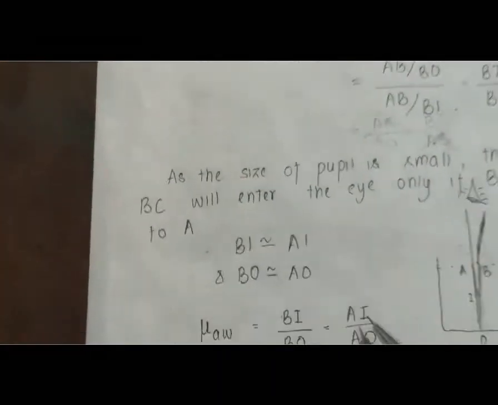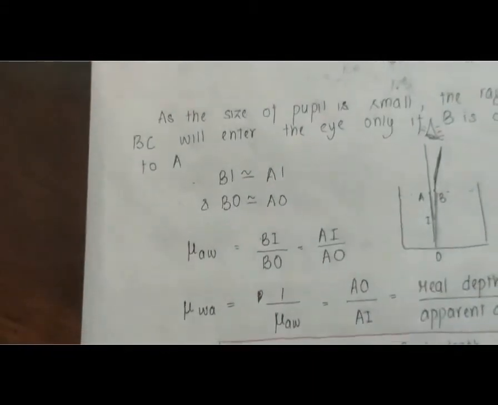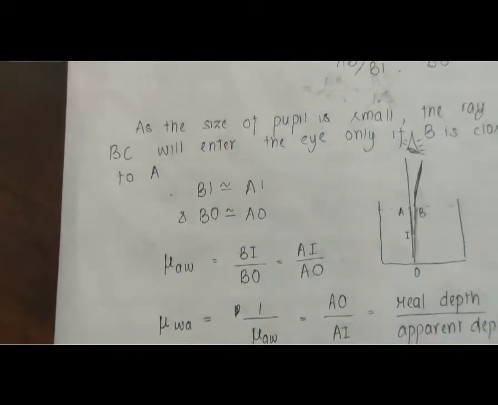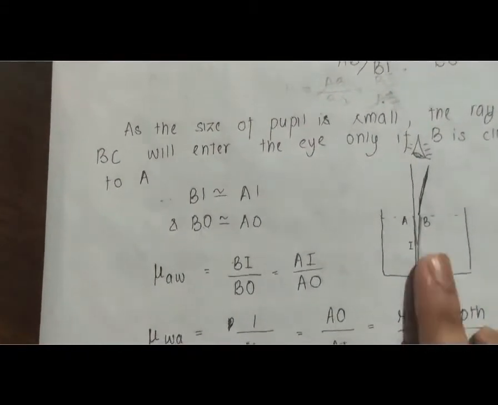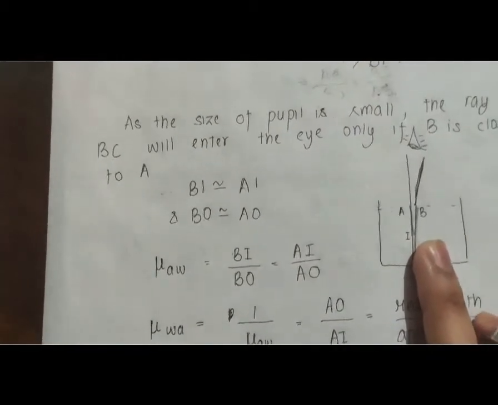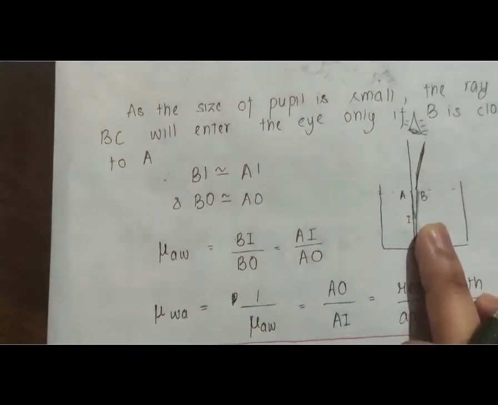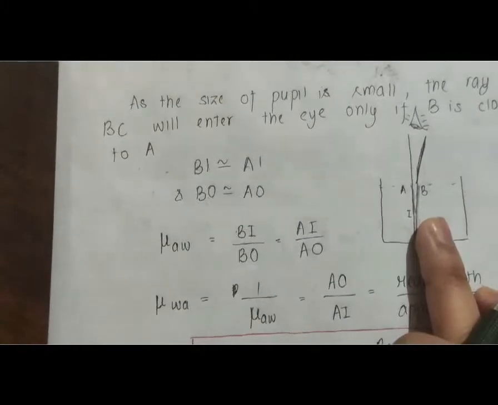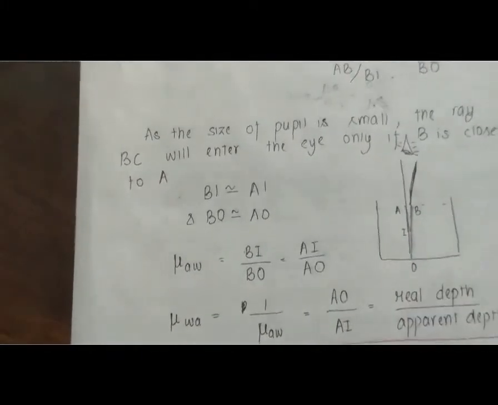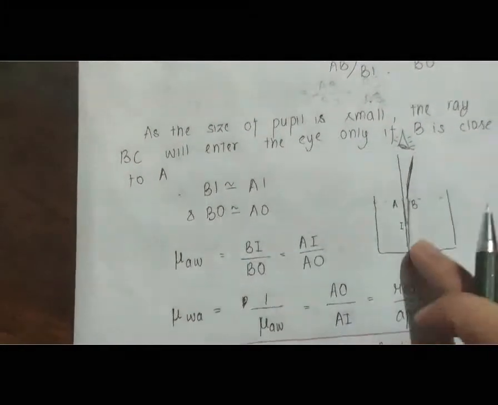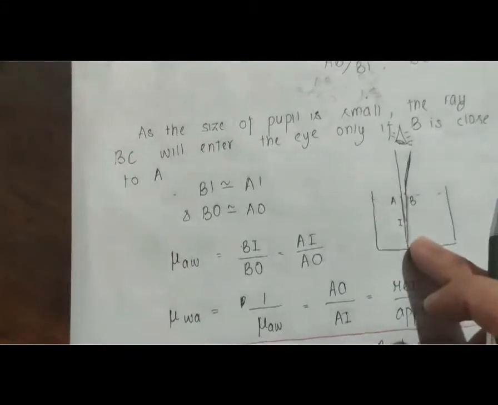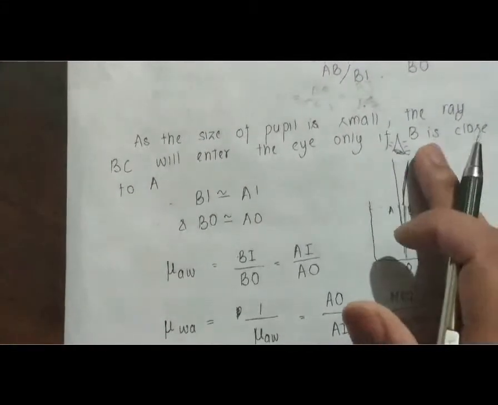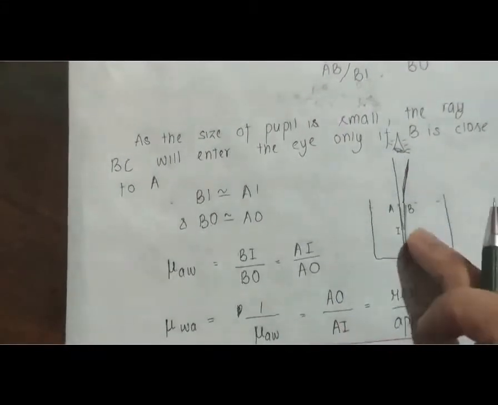Clear? Now, for you who are viewing this, are you looking at from the water? No, you are looking at from air to water. So in your case, the light should go from the air to the water medium.